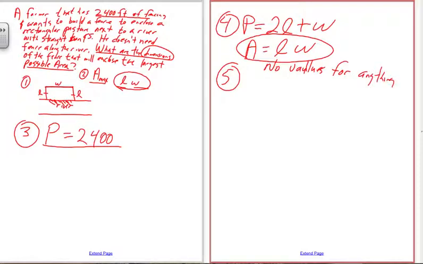However, we know we're dealing with the maximum area, and we know how to find maximum and minimum of parabolas, so we suspect we're going to get this somehow or other into a quadratic, which will make sense with these things. But in order to do that, I'm going to need to get rid of one of these 2, and this is where this comes in.